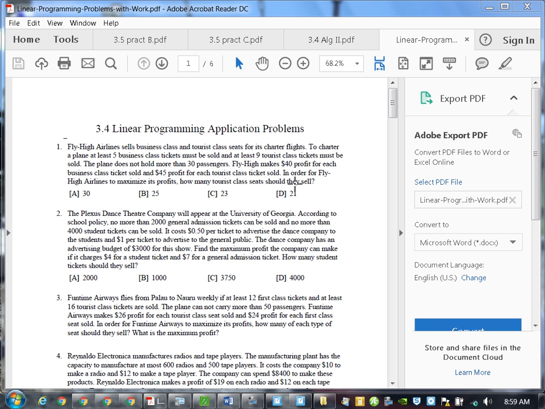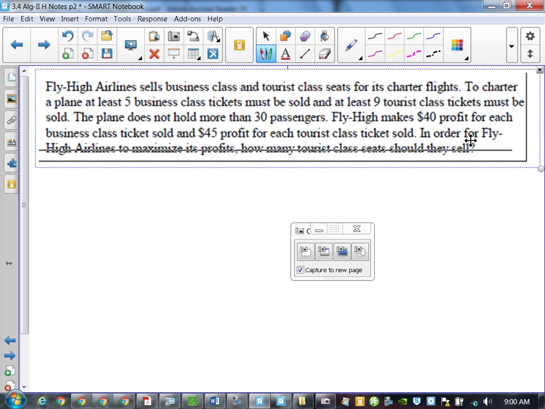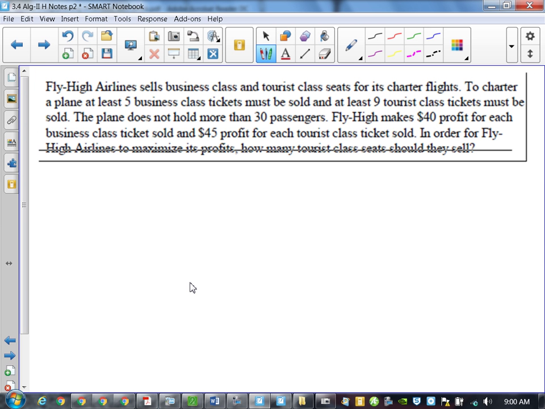Fly High Airlines sells business and tourist class airline seats for its charter flights. Blah, blah, blah. In order for a plane to be chartered, at least 5 business class must be sold and at least 9 tourist tickets must be sold.